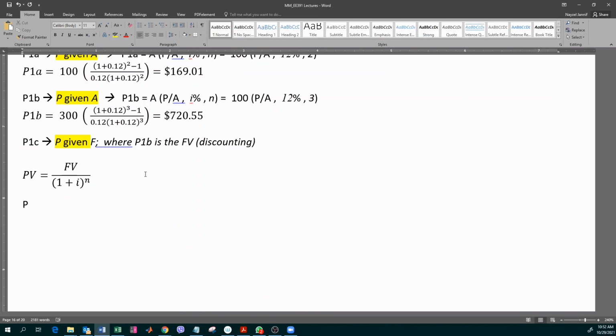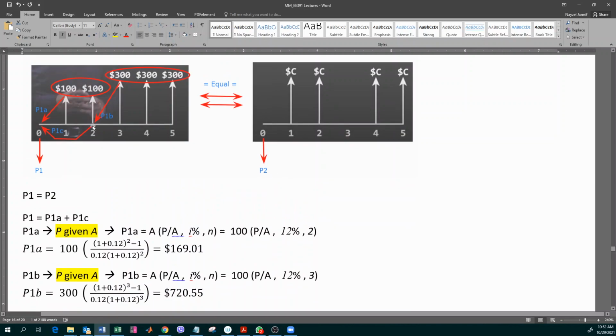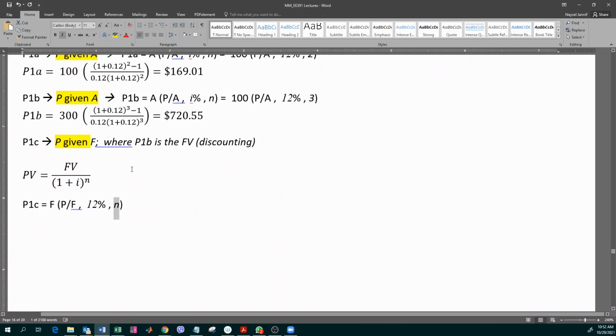We say P1C is equal to, and we have to use P given F. P1C is equal to your future value, and to find P given F, at a rate of 12% for a period of how many years? Let's have a look at the diagram. How many years are we going to discount? 2, right? We're going to discount for 2 years.